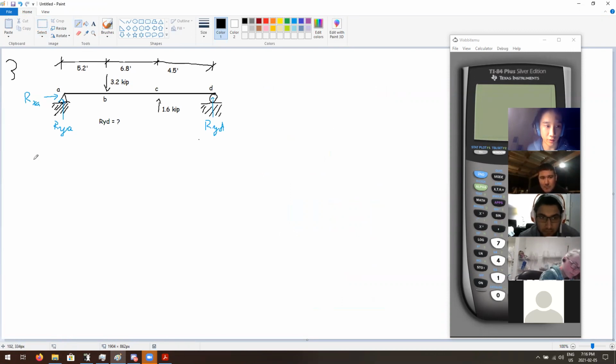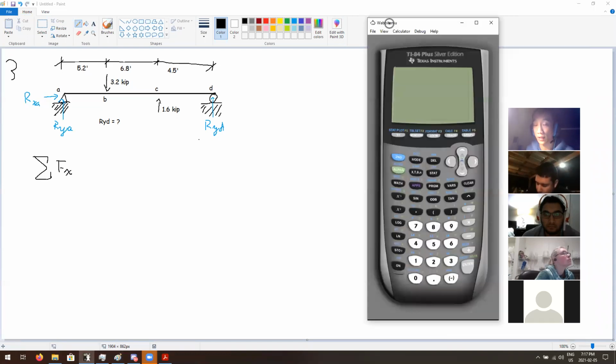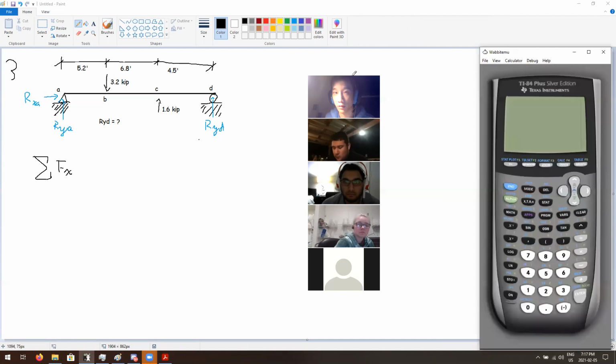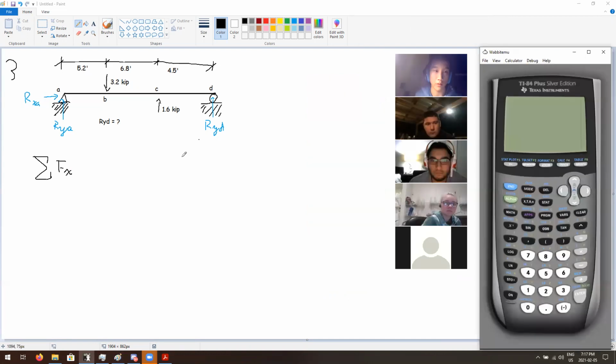Start taking summations. Sigma F of x. We're taking the summation of all the forces going in the x direction. Luckily for us, all these forces do go in x and y directions, so we don't have to do any trigonometry like we did in the second problem.